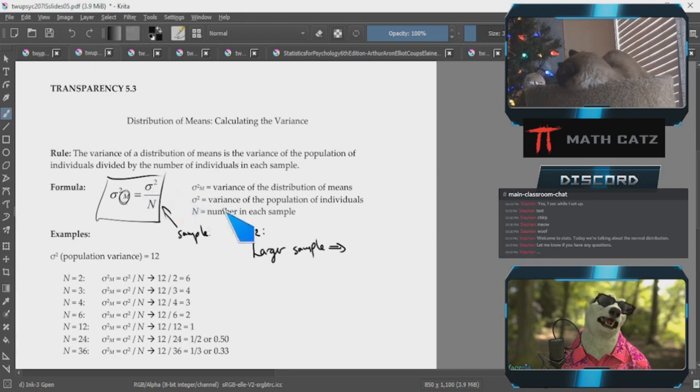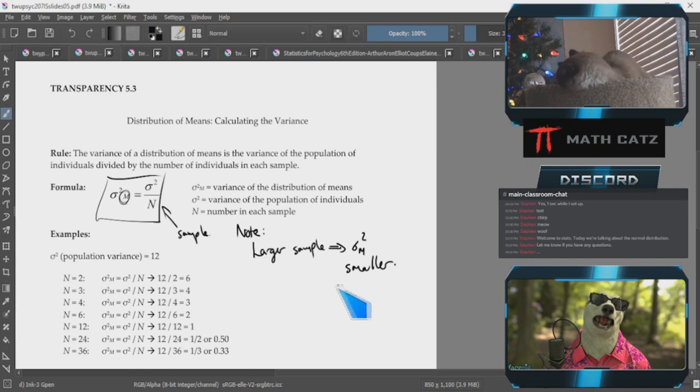Well, if the population variance is the same, and I take larger and larger samples, I'll say sigma m squared, my distribution of means variance will get smaller, which means, well, does it make sense?